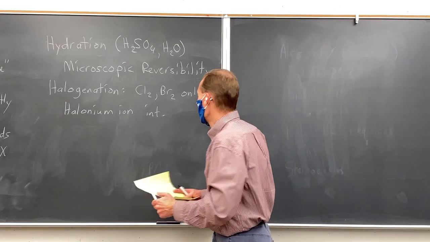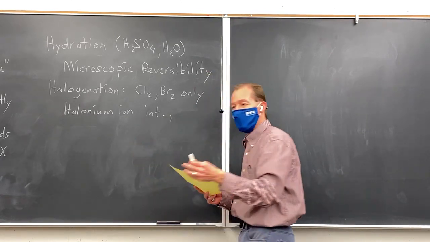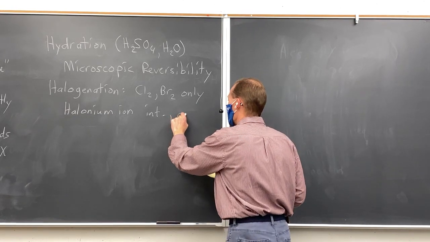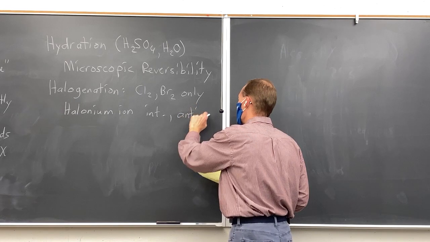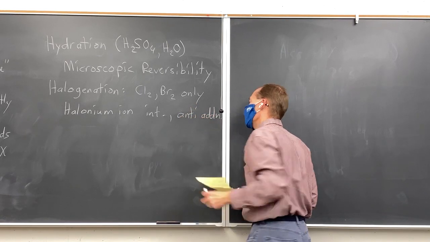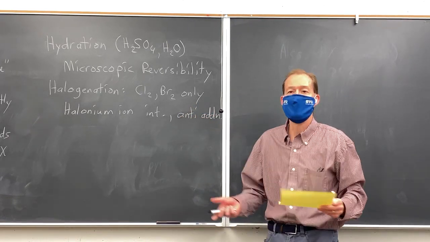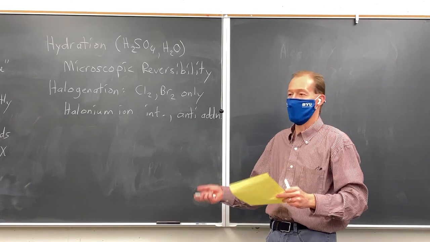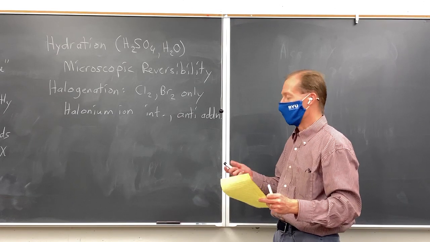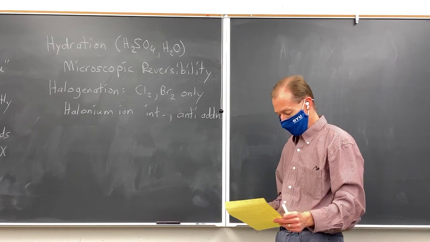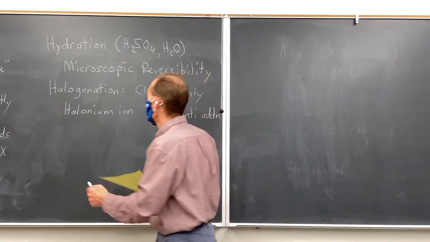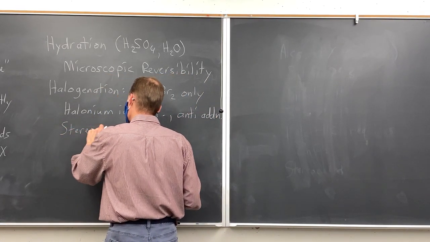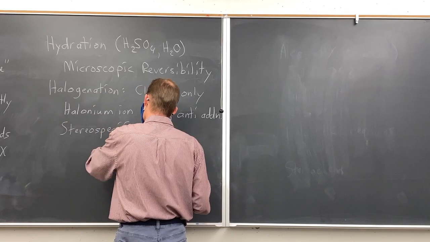And then we learned that because it's a halonium ion intermediate and not a carbocation, and that intermediate undergoes ring opening with inversion, the net result is we have anti-addition in a halogenation, as opposed to the syn and anti-addition that we see in hydrohalogenation and hydration. And then we learned the term stereospecific in association with this reaction.